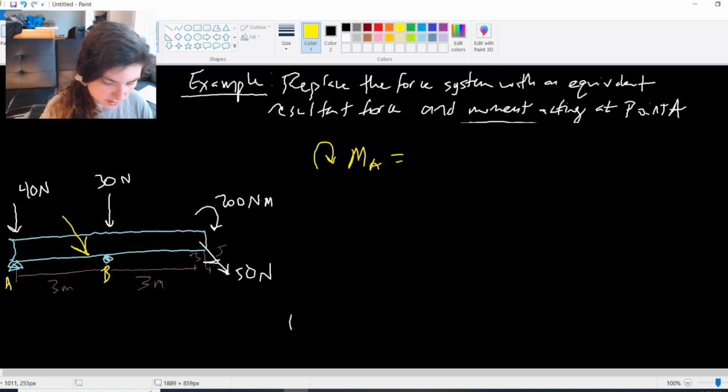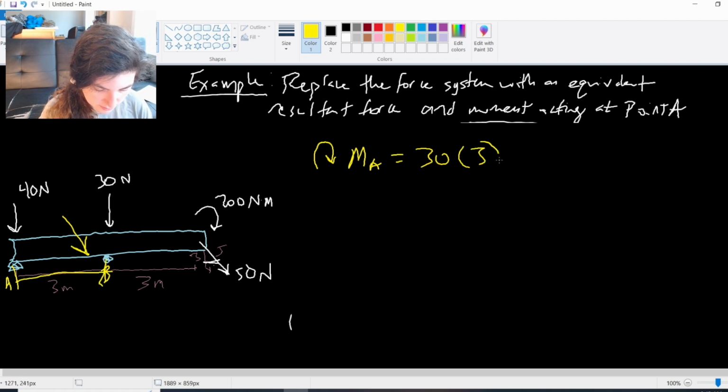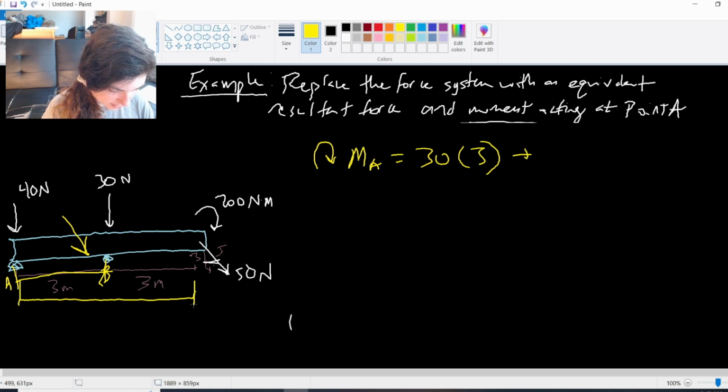then I can make all of these positive. And I can do my 30 newtons of force times the 3-meter distance plus my distance from A, 6 meters, and then the y component of this force, right? Not 40, 30, sorry, 30 times 6, right?